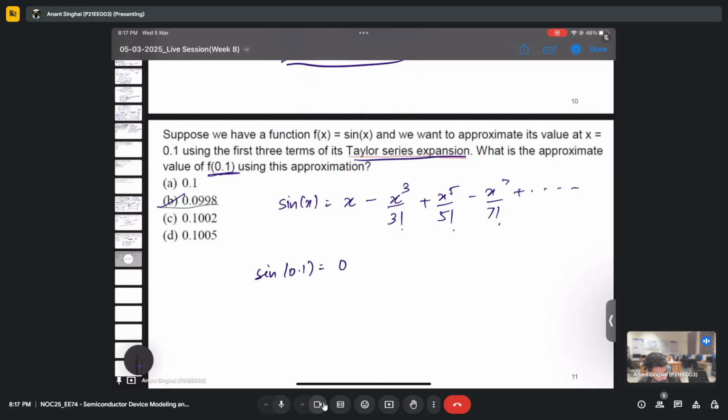So it will be 0.1 minus 0.1 cubed by 6 plus 0.1 to the power 5 by 120. So this is 10 to the power minus 5. This is 10 to the power minus 3 over 6. Yeah, 120. You don't need to calculate further. This is something like 0.1 minus a small term, and all the options are greater than that, so this should be the answer.